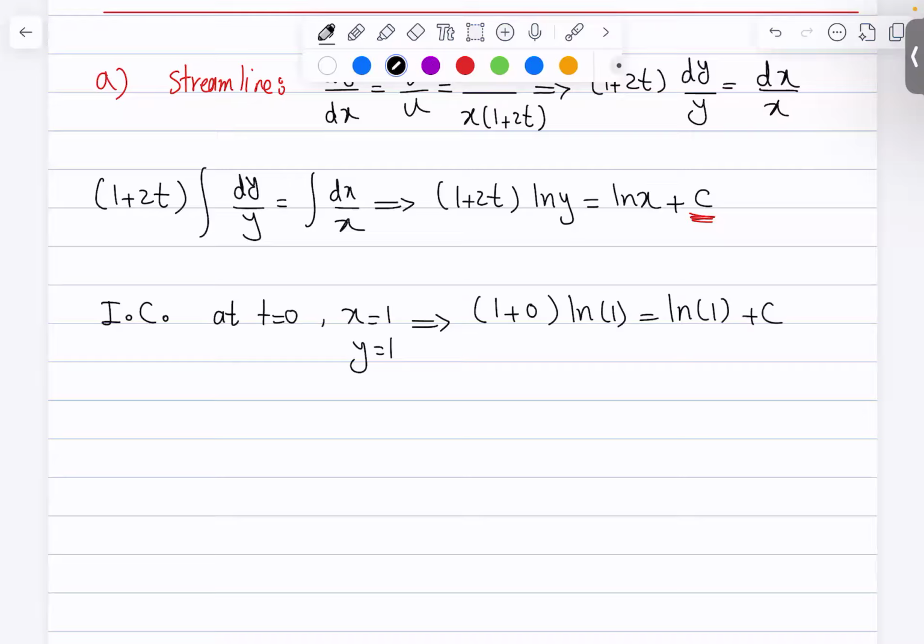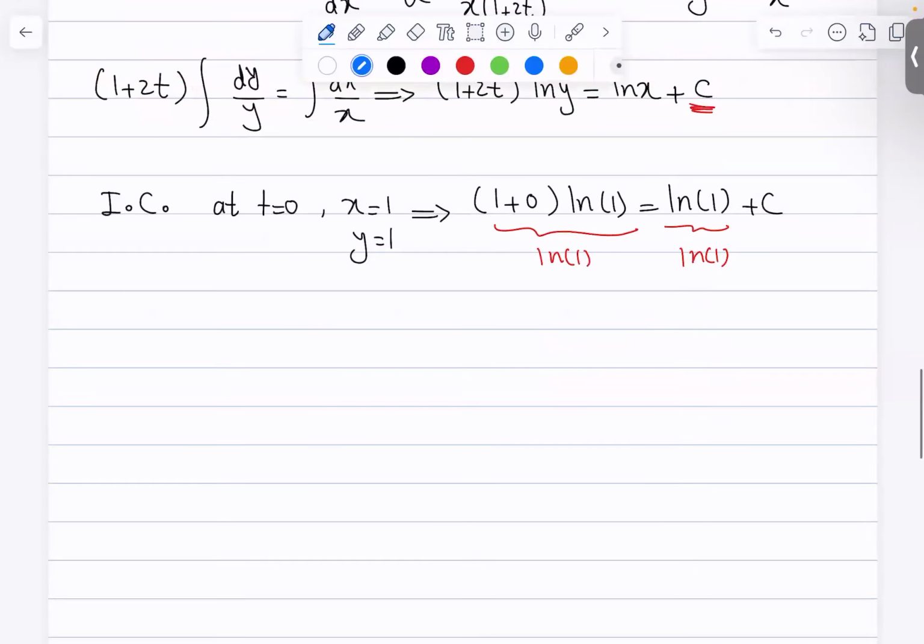Right? Now, this left-hand side is just ln 1, and this is also ln 1. So that means c can only be 0, right? So c has to be 0.